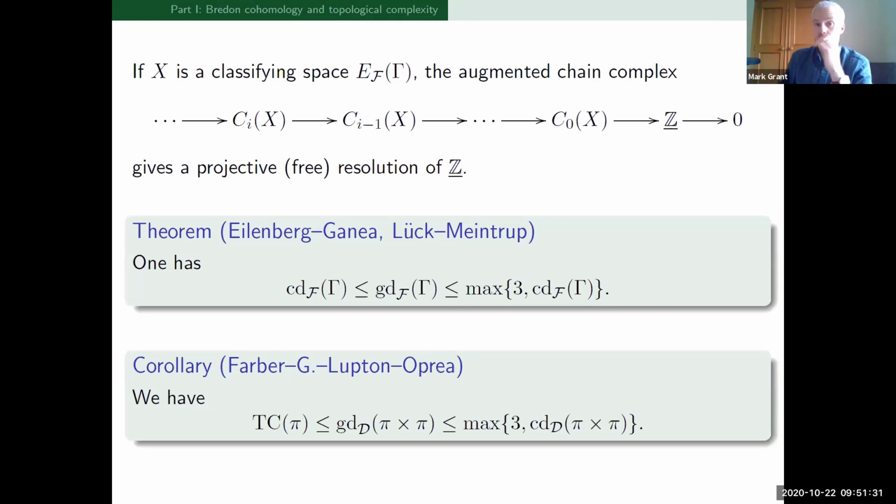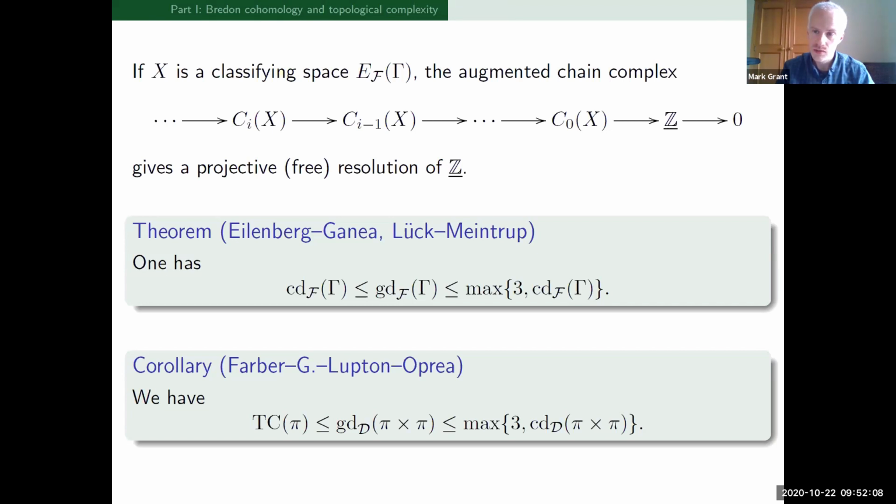Now, one can show that if you have a classifying space for the family and you take its cellular chain complex, you obtain a projective, in fact, a free resolution of the trivial Bredon module. I'm sweeping some stuff under the rug here, actually. So for each of these chain groups, to obtain a Bredon module, you need to take for each subgroup H the chains on the H-fixed points.